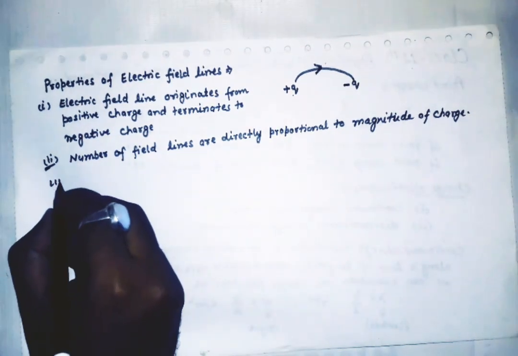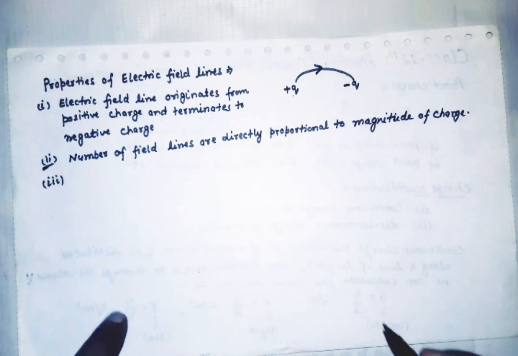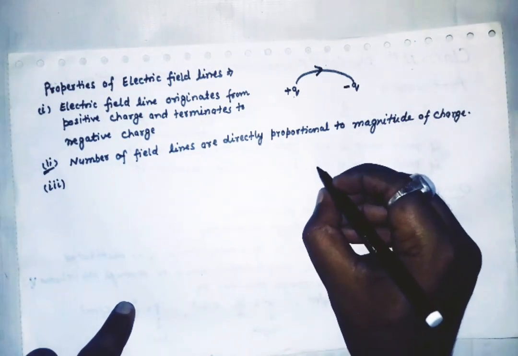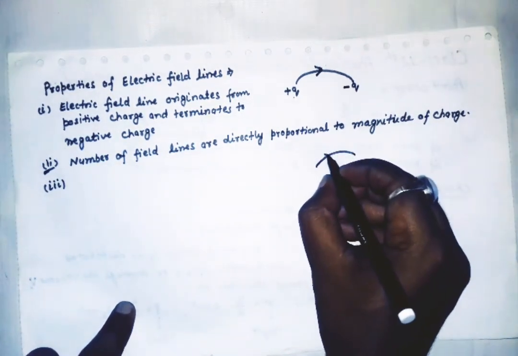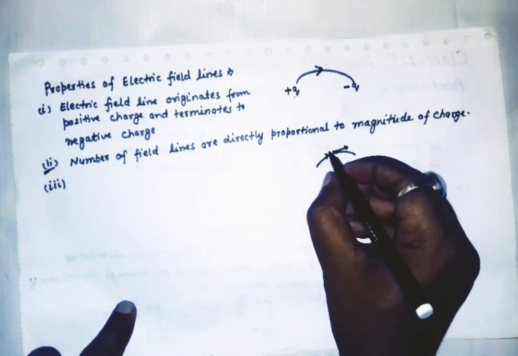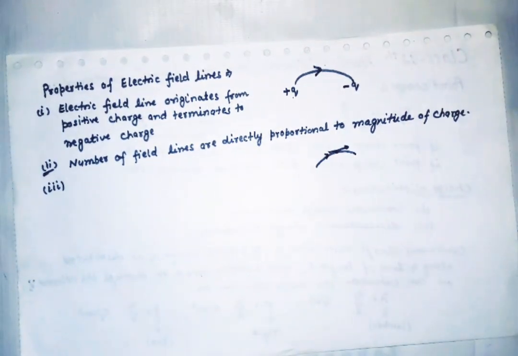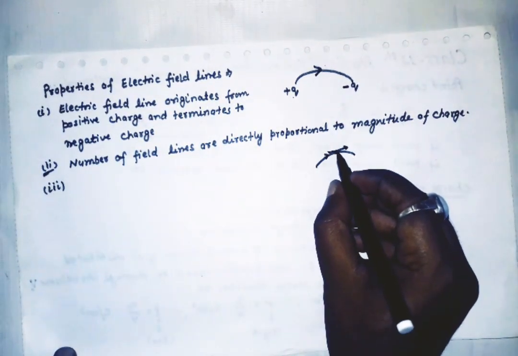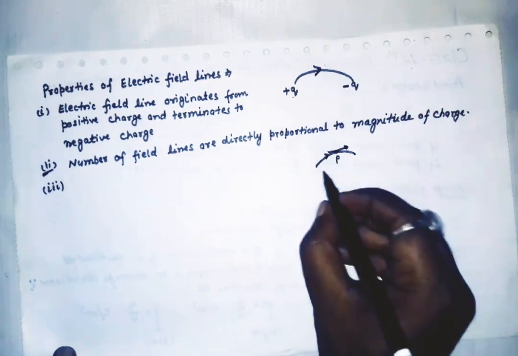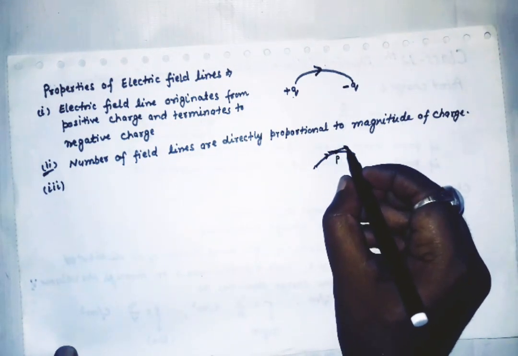Third property is that the direction of electric field at a point is given by the tangent on that field line. So the direction of this tangent gives the direction of electric field at that point. Suppose this is our electric field line, here is point P and this one is tangent.